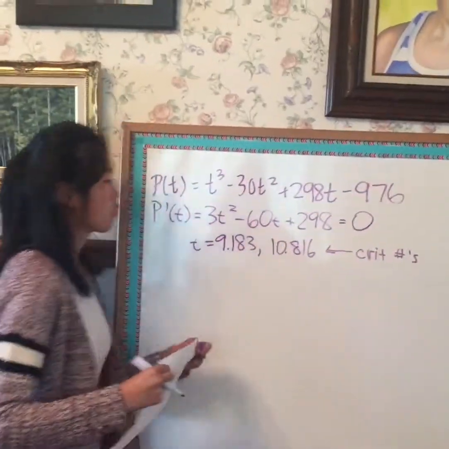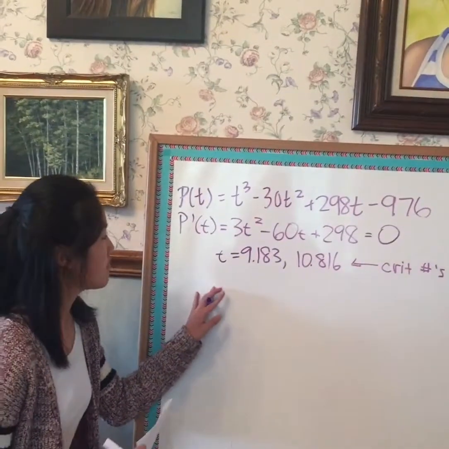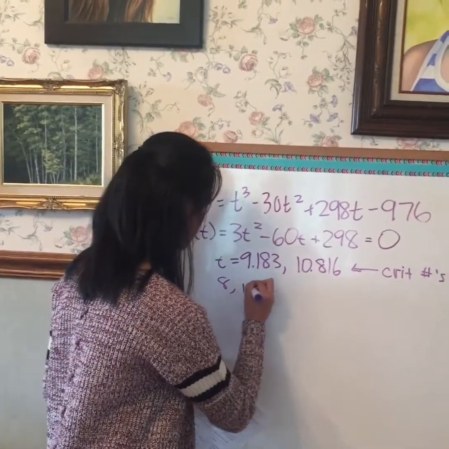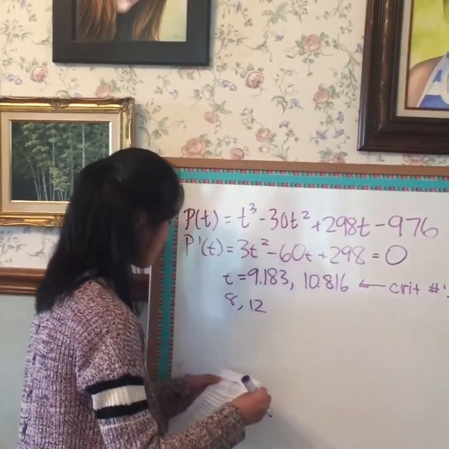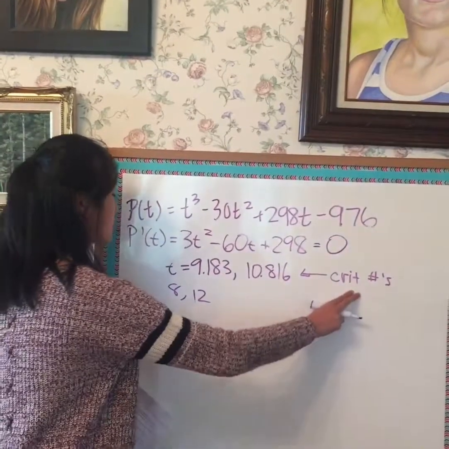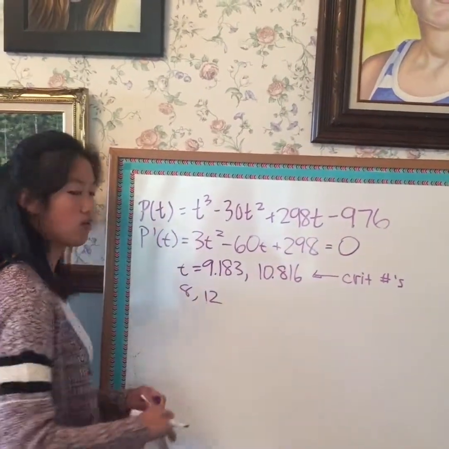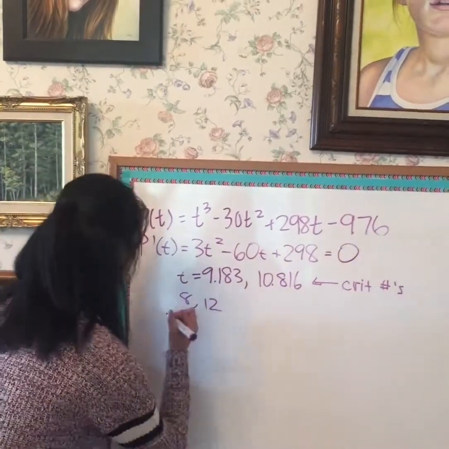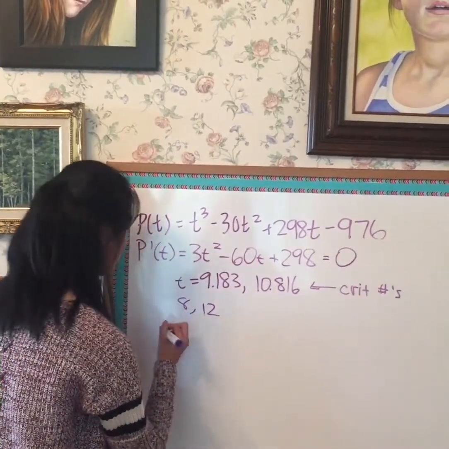However, since we're finding the absolute maximum, not the relative maximum, we also have to take into account the endpoints, which are 8 and 12. So then you would test both the critical numbers and the endpoints to find which one is the highest. So then you would plug these numbers into your p of t function.